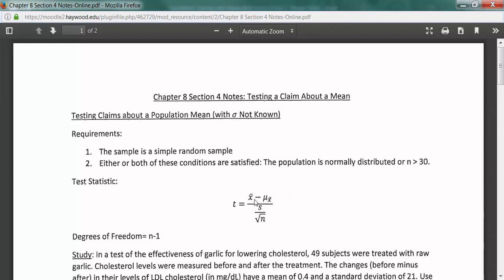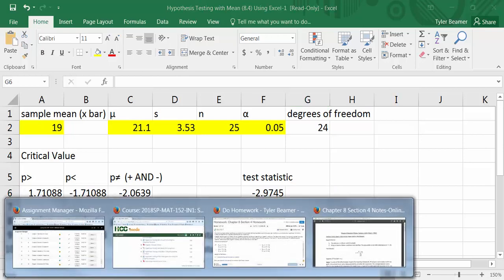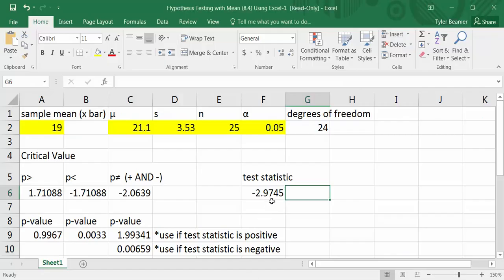This is from the notes: sample mean minus our value for mu, the population mean, which comes from the null, divided by the sample standard deviation divided by root n. That formula is already in the Excel spreadsheet, and all of these values that you plugged in from the problem are used to calculate that. And so this test statistic is negative 2.9745. Rounded to 3 decimal places, negative 2.975.